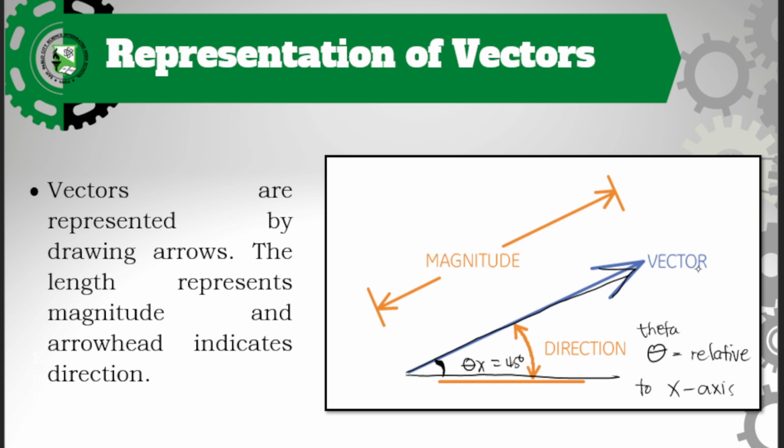So this vector r or vector v is equal to 15 meters per second. The representation of our vector here, numerically, is 15 meters per second at an angle of 45 degrees.